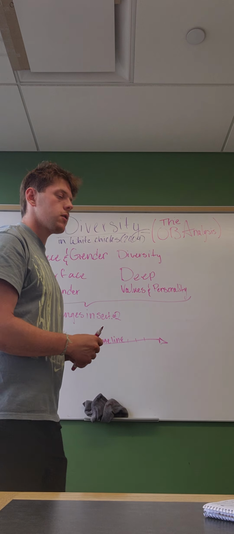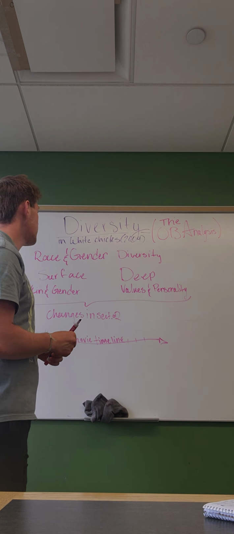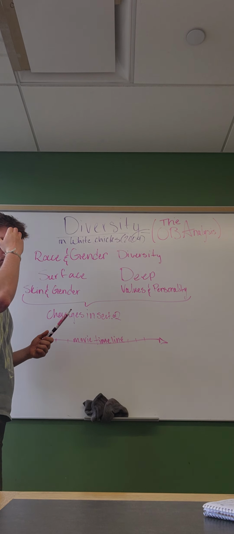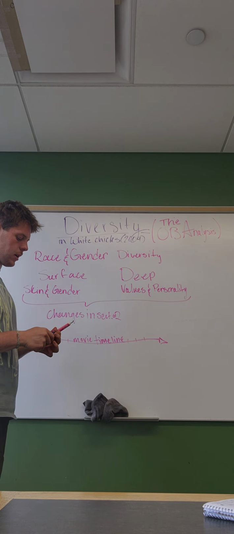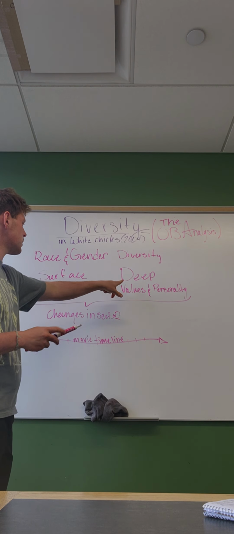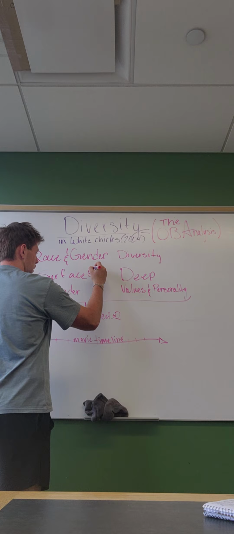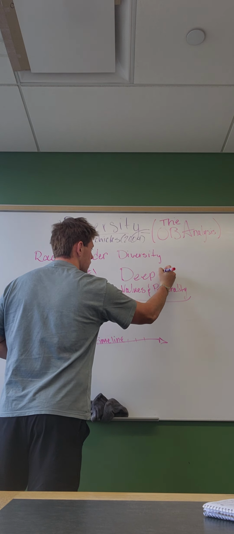All right, and so looking deeper into diversity with White Chicks, we were talking about surface versus deep, extrinsic versus intrinsic. Let me put an E there, an I, just in case.